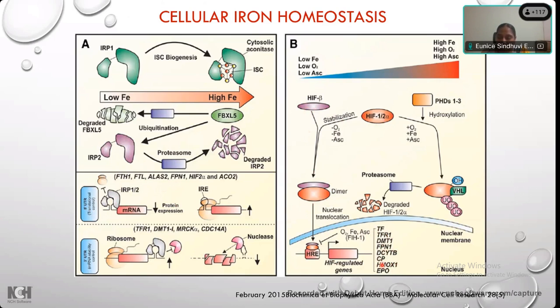So these are involved in iron uptake as well as iron transport. So when there is high or normal oxygen, proline hydroxylases degrade these HIF alpha proteins, so they do not induce the expression of these genes. So this is how cellular iron is maintained.